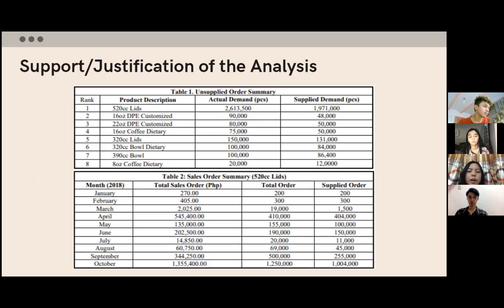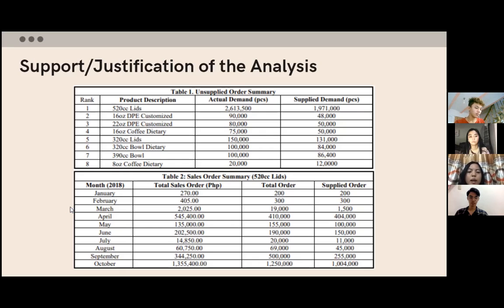In relation to that, regarding Table 2, a summary of 520cc lids sales orders, it has been observed that in the year 2018, only the first two consecutive months of the year had successfully supplied the demand. Thereafter, the company was unable to supply the demand of the customers for the rest of the months in the year 2018.